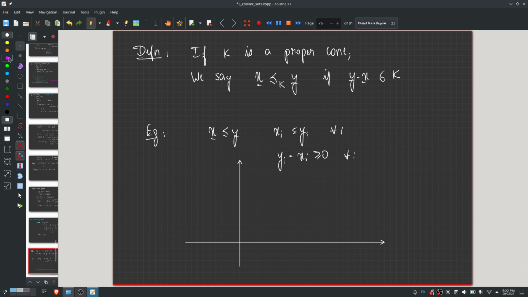So in fact, let's pick any point in R2. All right, let's call this x. Considering this component-wise inequality, what is the set of all points which are greater than or equal to x? Suppose you had to plot the set of all y for which y is greater than or equal to x. So in other words, y1 is greater than or equal to x1 and y2 is greater than or equal to x2.